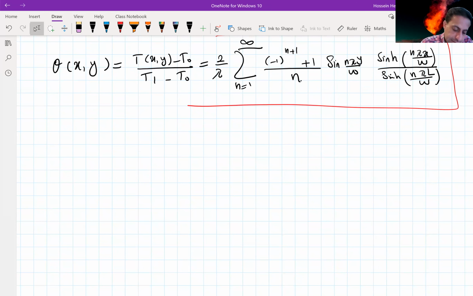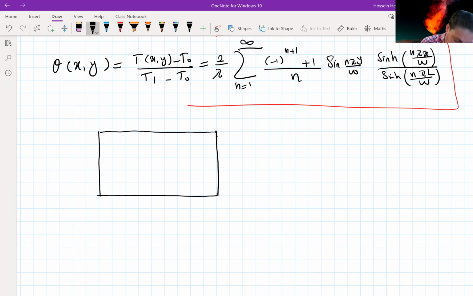Now I can plot graphically the temperature distribution in this system. So let's say this was our plate. And what we had here is theta was 0, theta was 0, and theta was 1 at this surface.